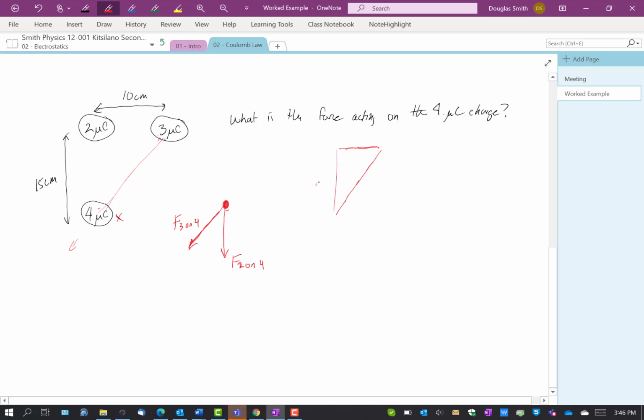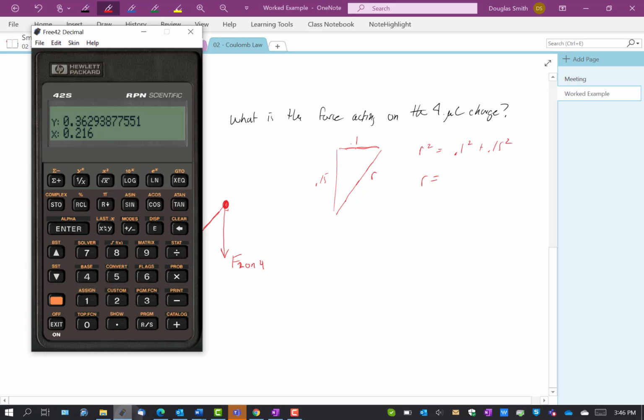So if this is 0.15 and this is 0.1, r squared is 0.1 squared plus 0.15 squared, so r is 18.03 centimeters.